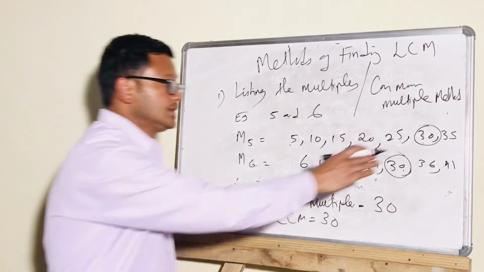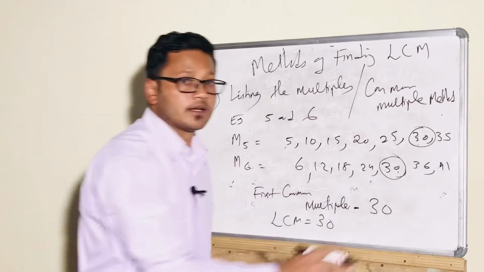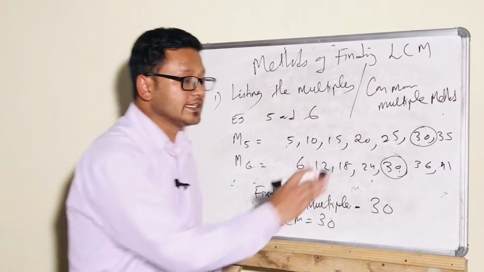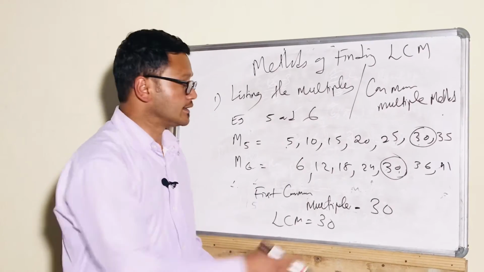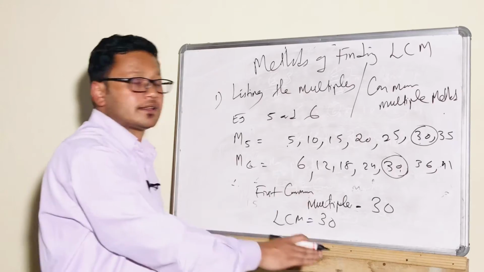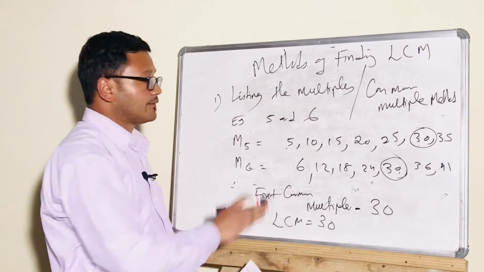We cannot take any other number because the least, lowest, or smallest is 30 only. There is no other common number lower than that. That's why 30 is considered the LCM of 5 and 6.